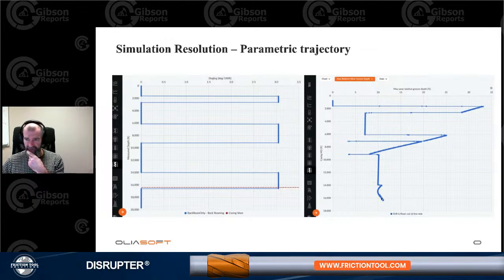For this chart, I did drilling from the casing shoe, the red line here, located at about 16,500 and down to 19,500, I think. And then I did a remount. And I did this forcing the classic Johancsik equations for torque and drag.